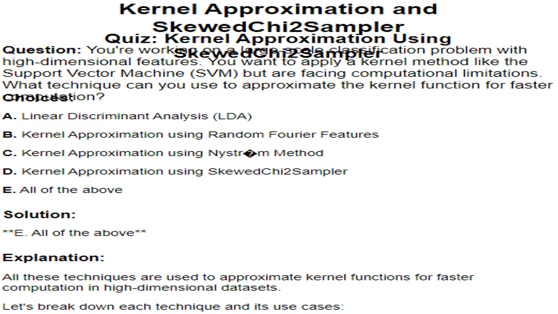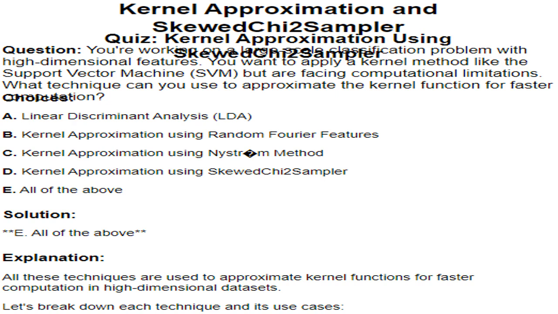Linear discriminant analysis (LDA), a dimensionality reduction technique that aims to find a set of axes that best separate the classes. It is not directly related to kernel approximation but is a commonly used technique for classification and dimensionality reduction.